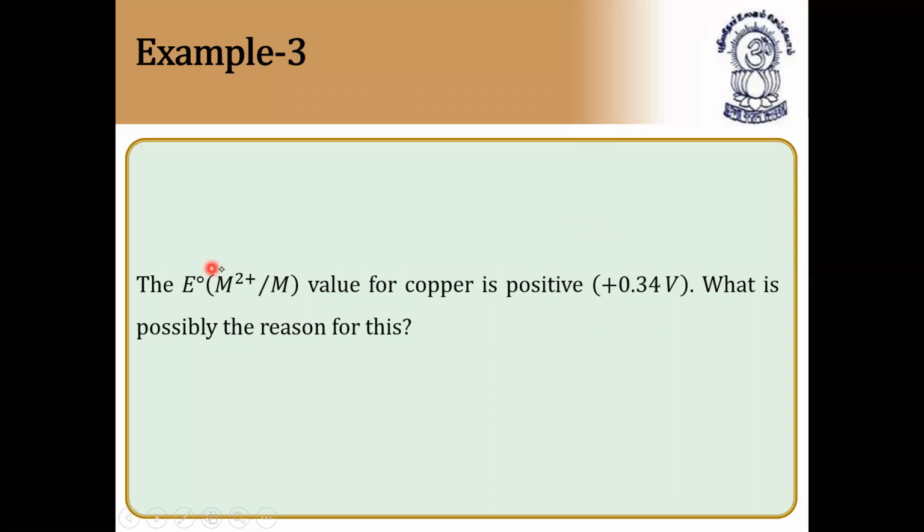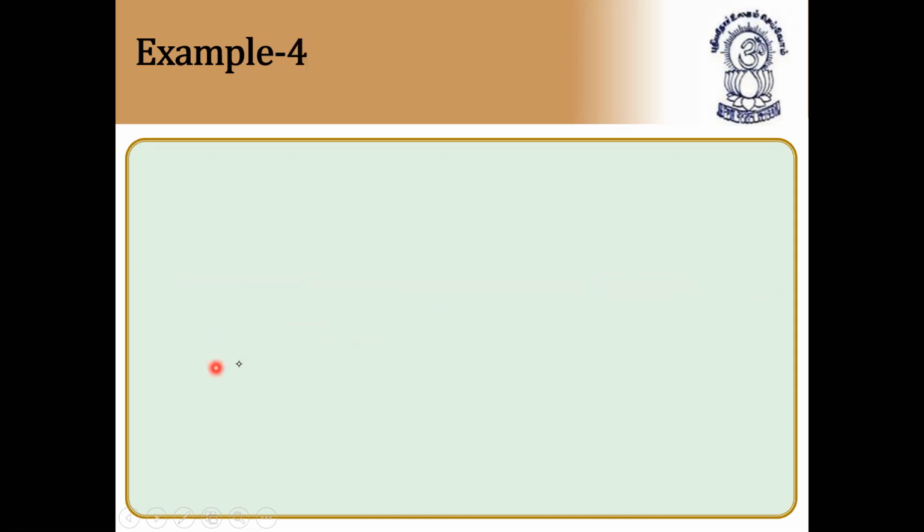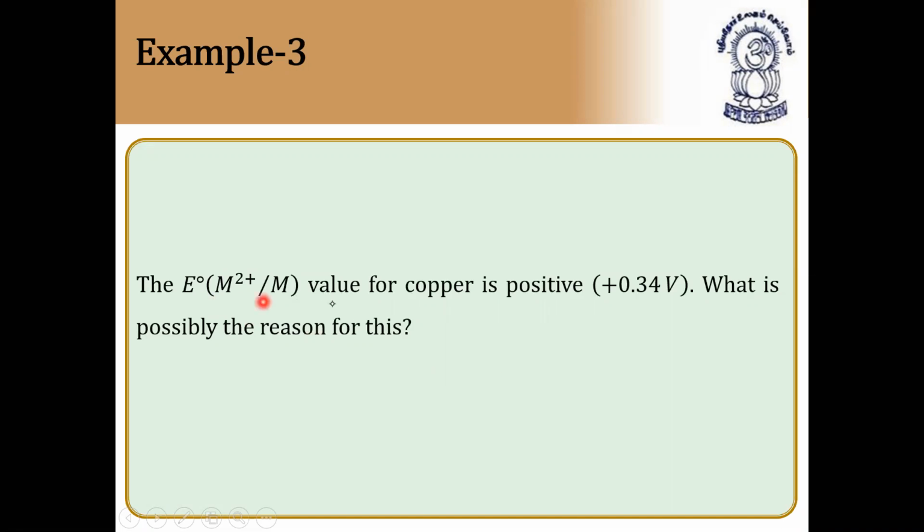Next question. The electrode potential value of M2+ to M for copper is positive. What is the possible reason for this? This is why copper has a positive value, because it has a d9 configuration.